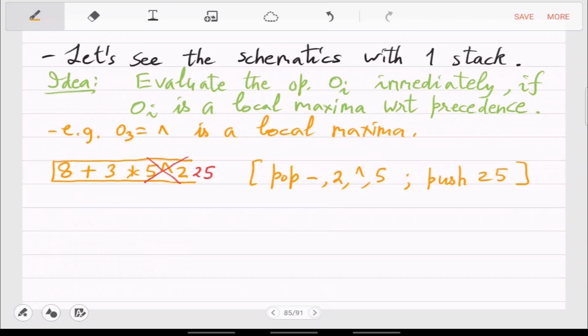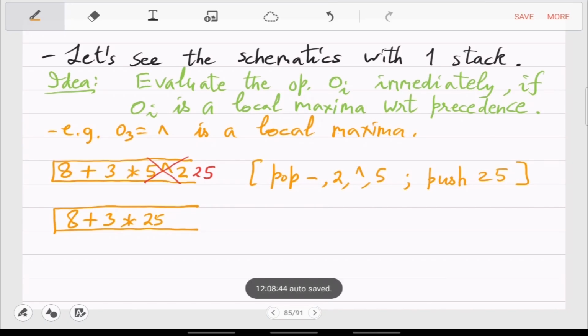So that would be 8 plus 3 star 25 and, well, so minus 9. So what is happening here?